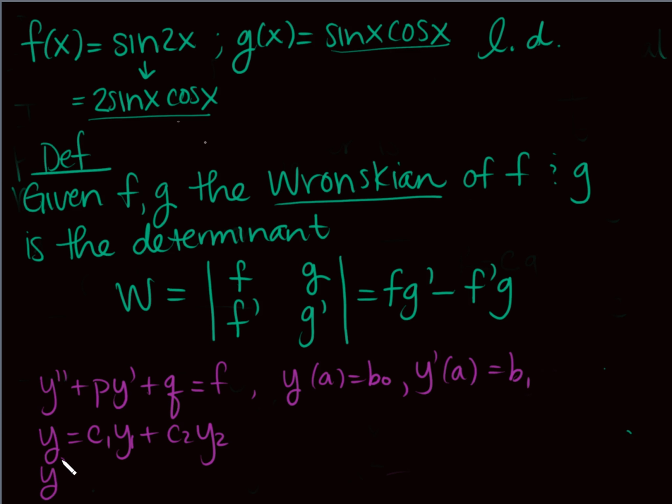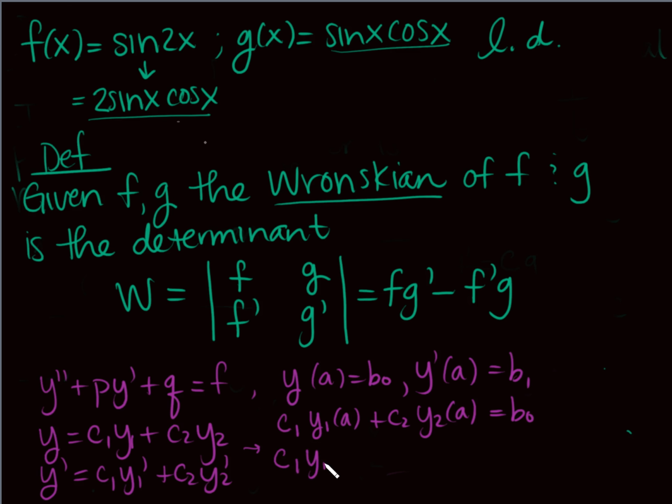Well, remember, we took the derivative: c1 y1 prime plus c2 y2 prime. This was that example that we did. And if I use my initial conditions, look at what I'm going to get: c1 y1 of a plus c2 y2 of a equals b naught. And then I get c1 y1 prime of a plus c2 y2 prime of a equals b1.